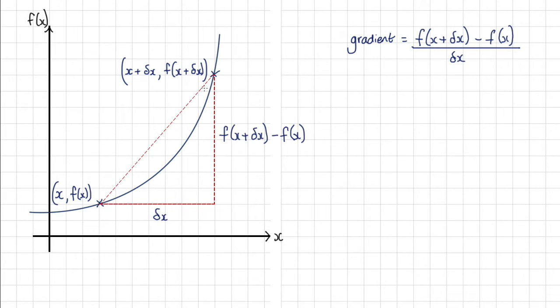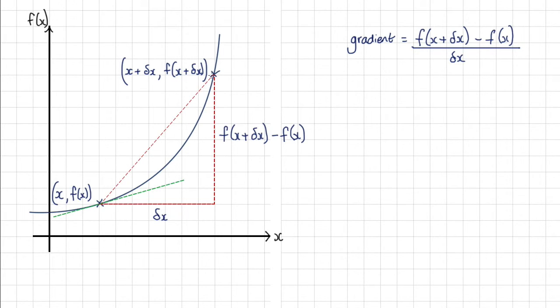So that gives me the gradient of this chord here. Now what if I want to find the gradient at one particular point on this function? Well, that would be a tangent. So the tangent at this particular point here.